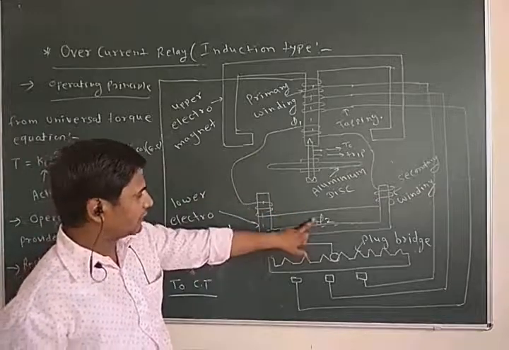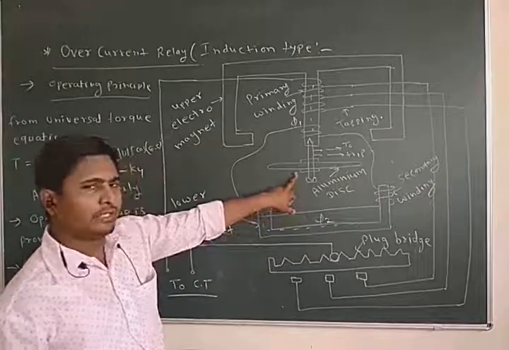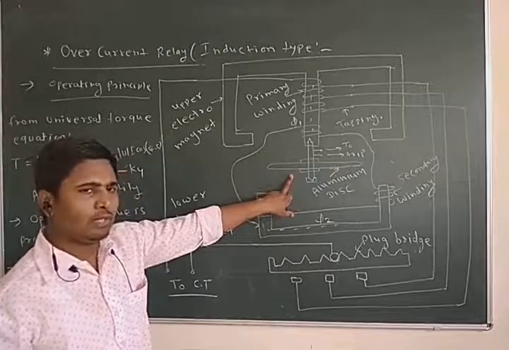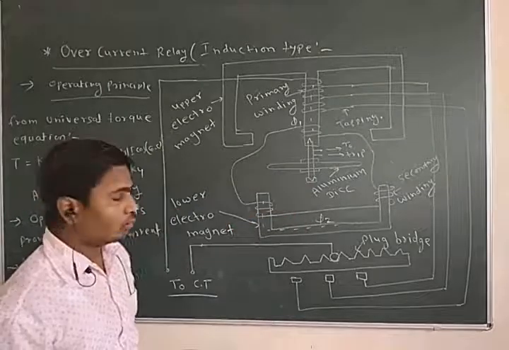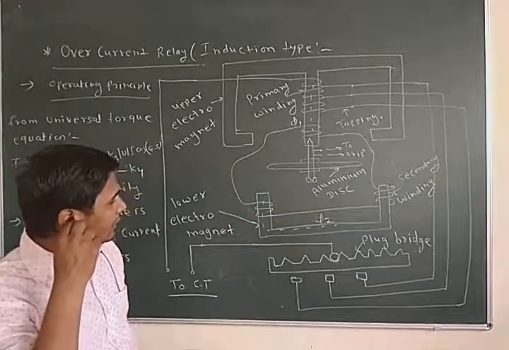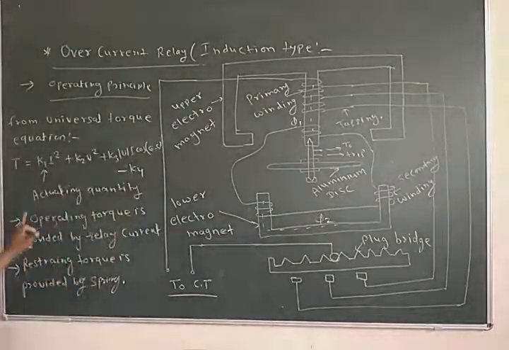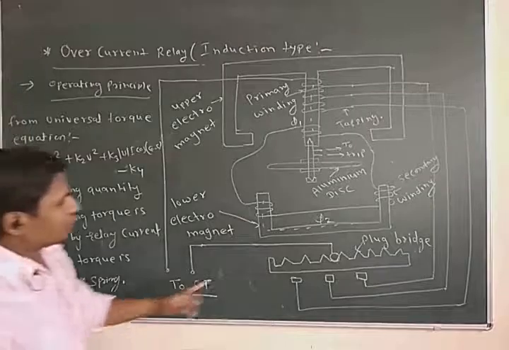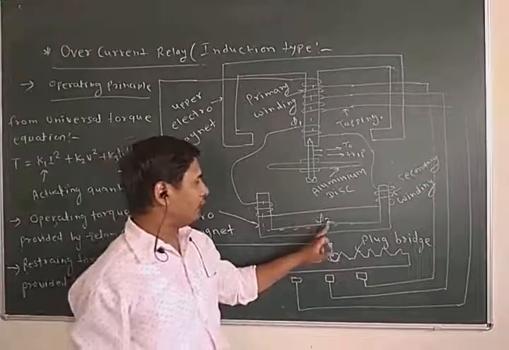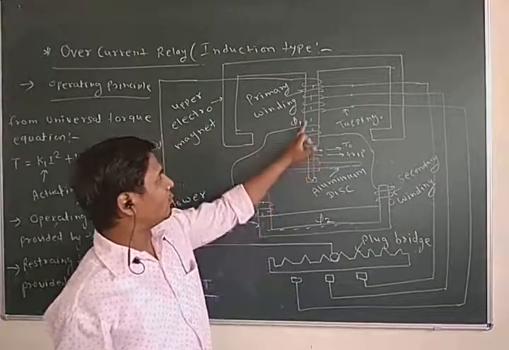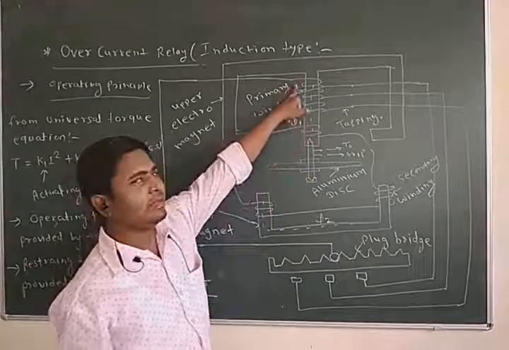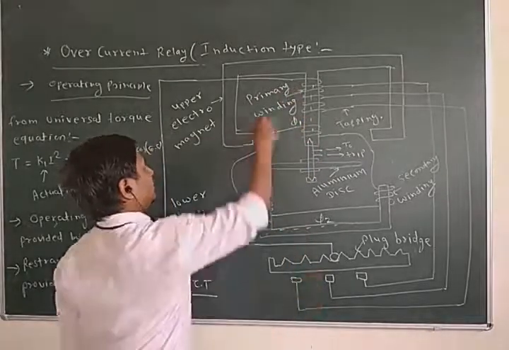Similarly, due to flux phi 2, the EMF induced in the aluminum disc is E2 and the current is I2. In this type of relay, the operating torque is directly proportional to current, because phi 2 flux is also directly proportional to the current flowing in the primary winding.